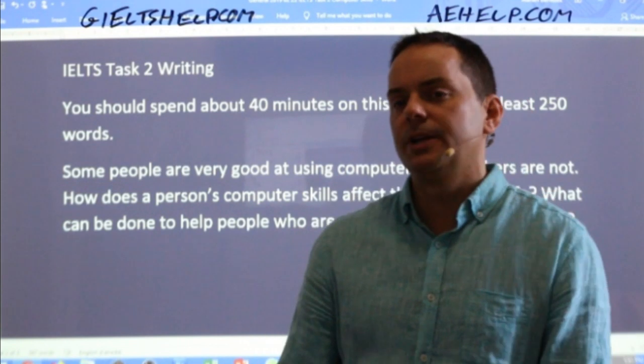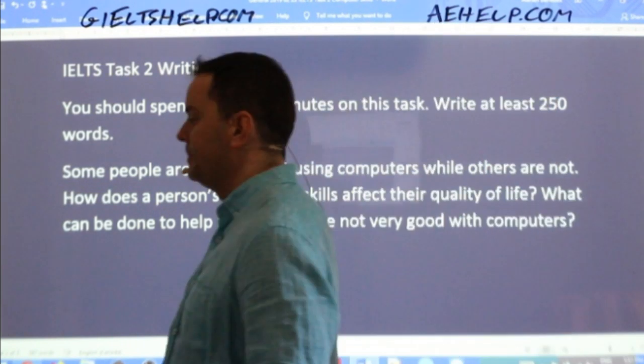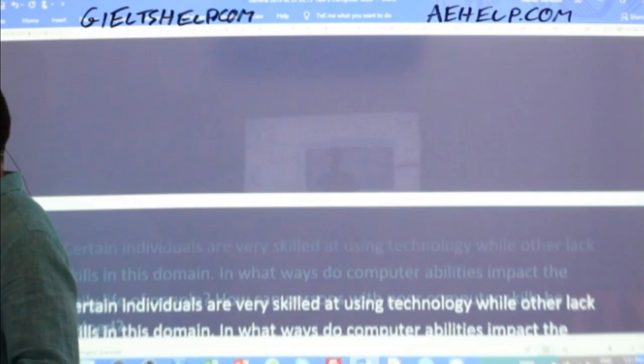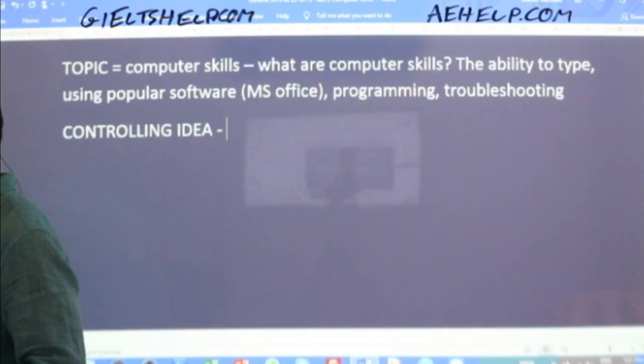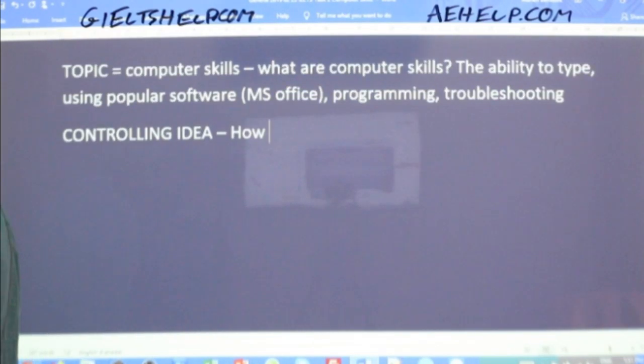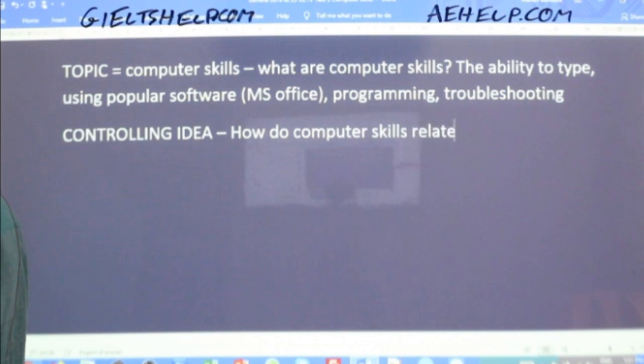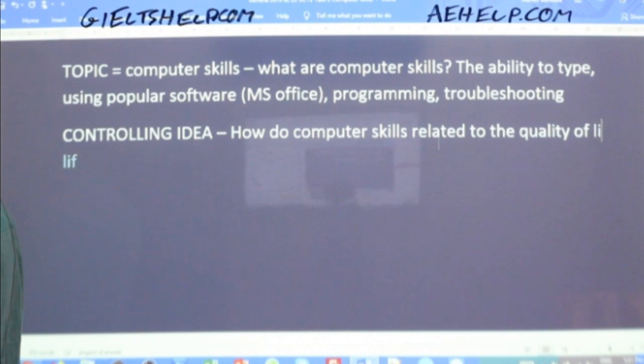The controlling idea, hopefully some of you are typing this in right now, is: how do computer skills relate to the quality of life for people? That's one.